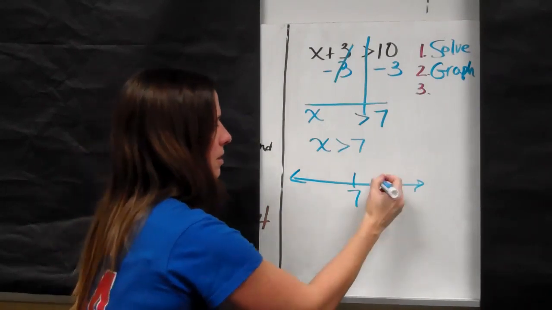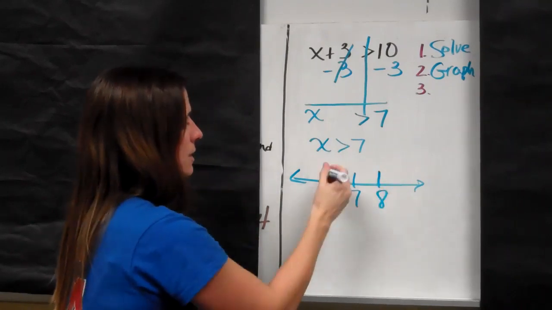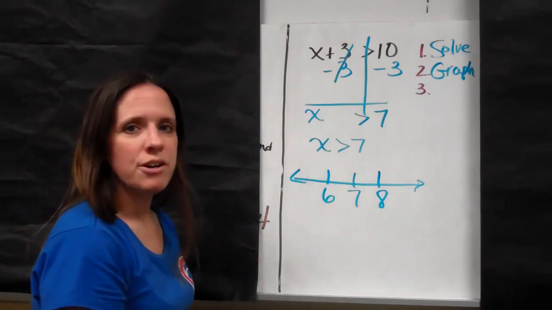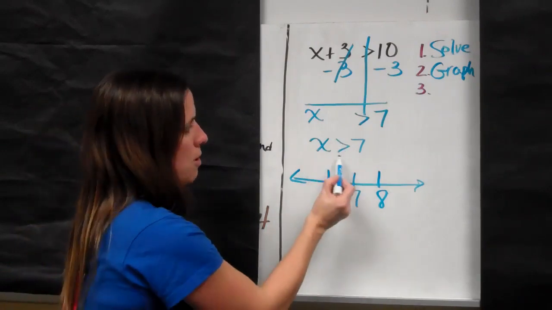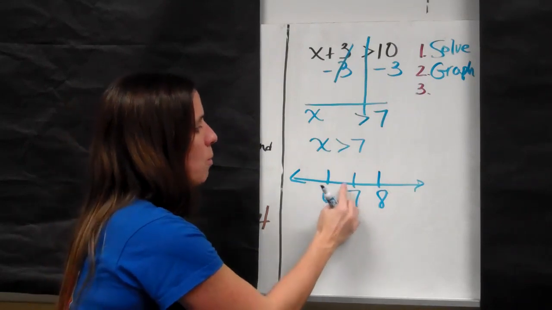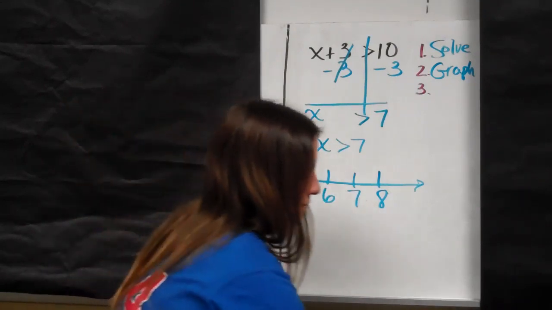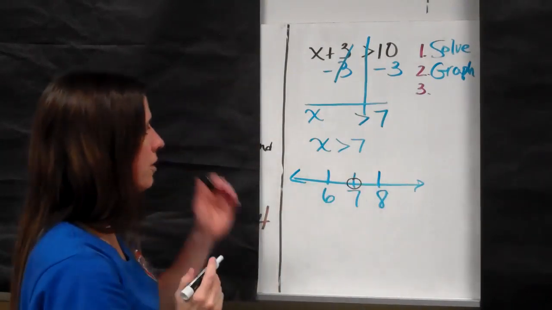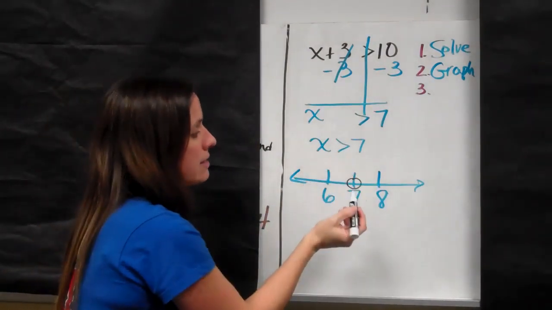So we have 7, 1 to the right would be 8, 1 to the left would be 6. Now we're saying x is greater than 7. There's no equal sign with that. So that determines an open circle goes on 7. Draw that open circle.